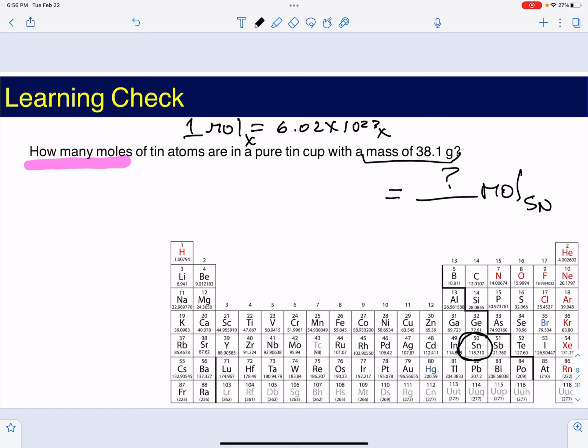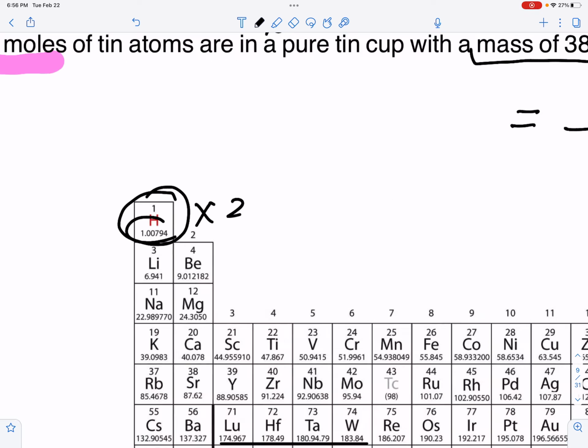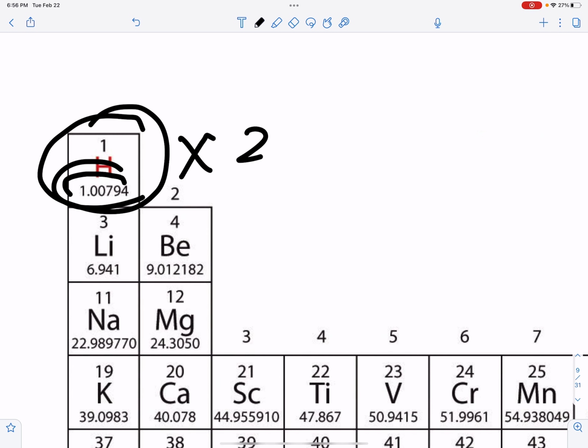So how do I find the mass? Well, hopefully you still remember chapter 5. We closed chapter 5 by finding the molar mass. And I told you if you're looking for water, you have 2 atoms of hydrogen. So this multiplies by 2, right? That number right there. So you multiply that by 2.